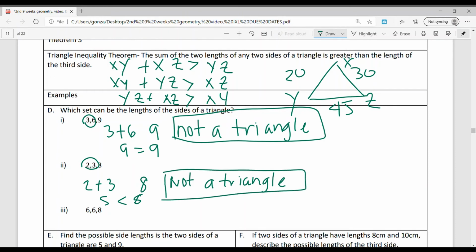And then if we look at a triangle with sides 6, 6, and 8, so 6 plus 6 is going to be 12, which is greater than 8. So this is true. And so you're going to say this is a triangle.